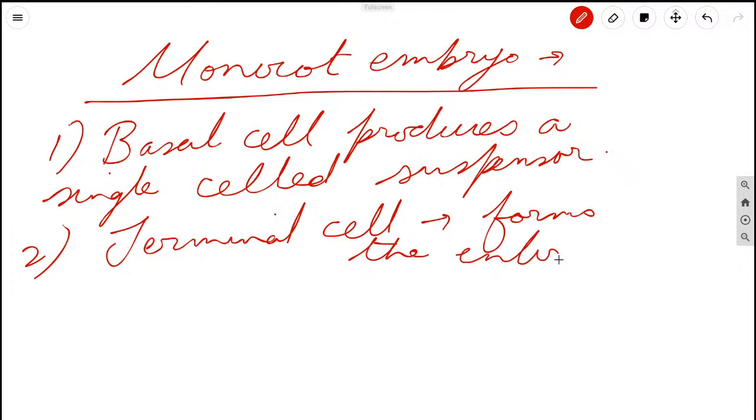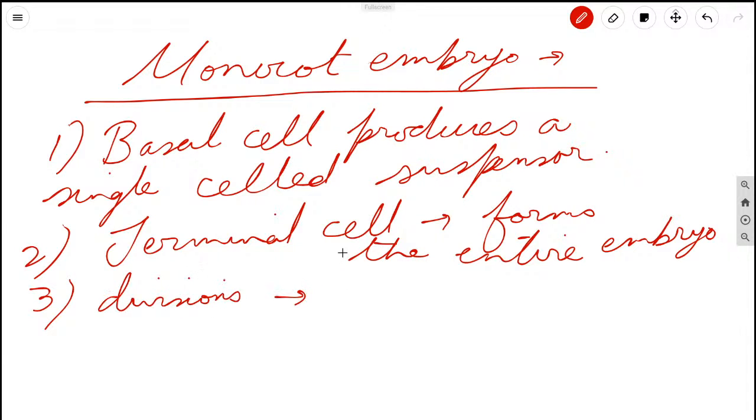Now, the divisions are transverse, not longitudinal. For the terminal cell there, the first division was longitudinal if you see. So here the divisions are transverse in nature.